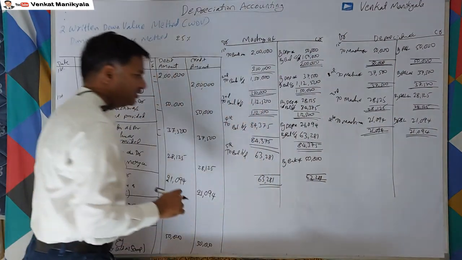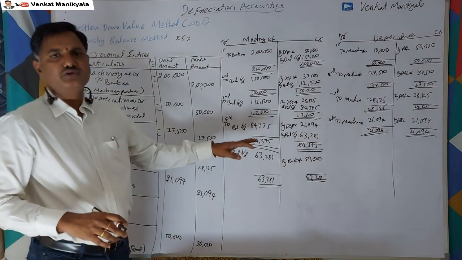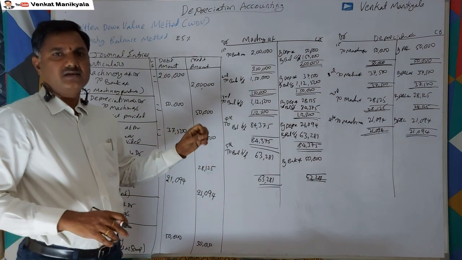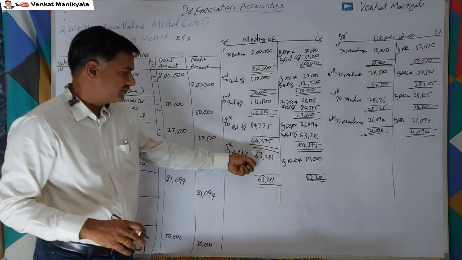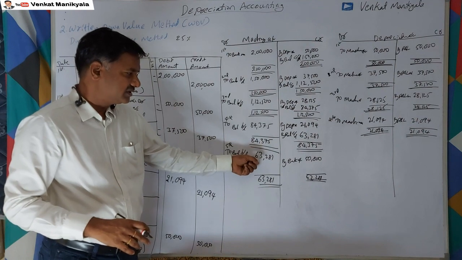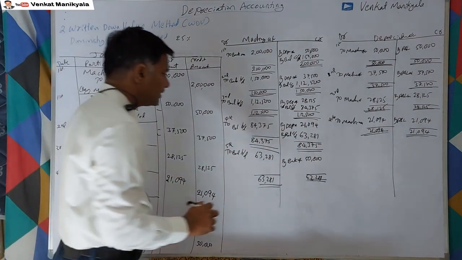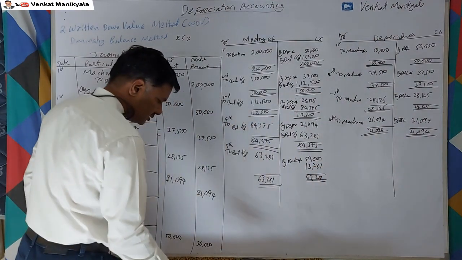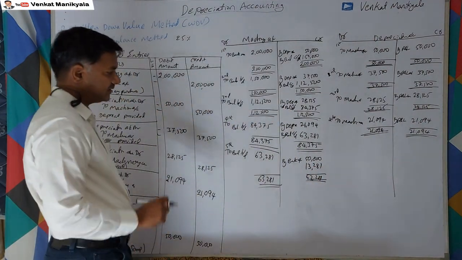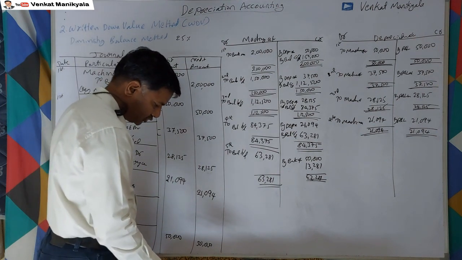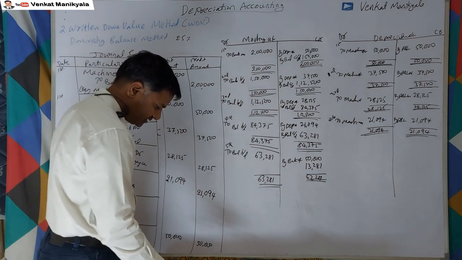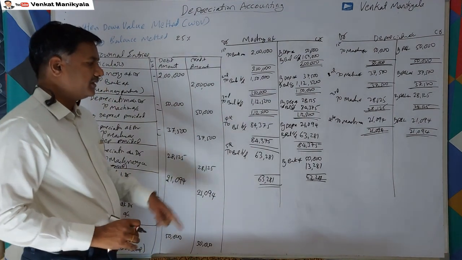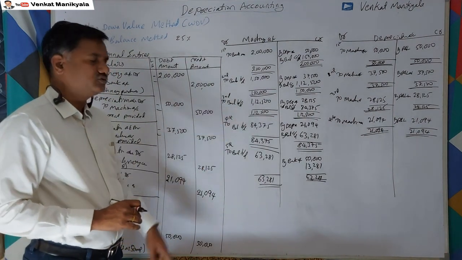Instead of calculating 25% on 63,281, it is directly the difference between the machinery value and the sale value, that is 13,281. If we calculate 25% on 63,281, it gives 15,820. But our depreciation is 13,281 only.